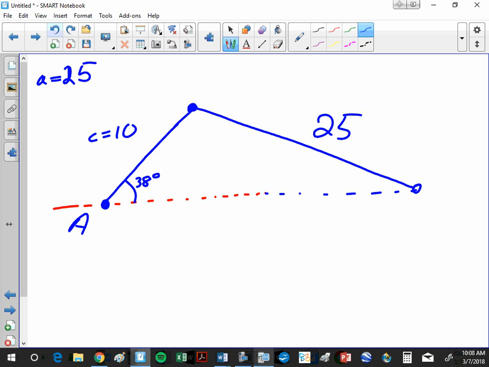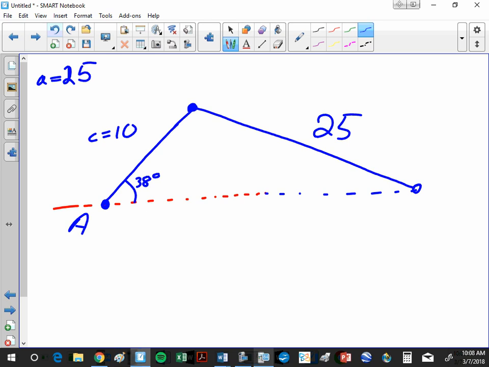So if a is really, really short, and instead of saying a, I'm going to say the second side, because we have angle, side, side. If the second side is really, really short, you don't have a triangle. If the second side is really, really long, you always have a triangle.